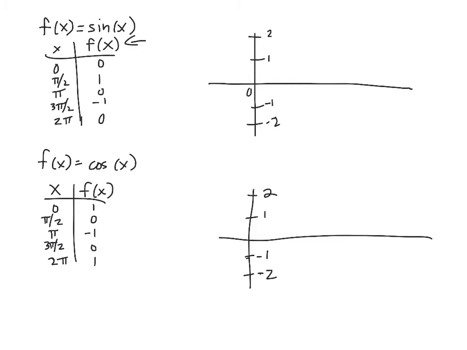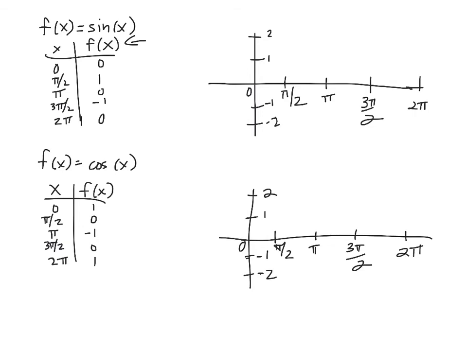So we can do 0, pi over 2, pi, 3 pi over 2, and 2 pi. So we can do it just like that. The graph does not have to go 1, 2, 3, 4, or 5. The graph can be scaled however you like it. Whatever scale helps you best visualize what the graph is trying to do.